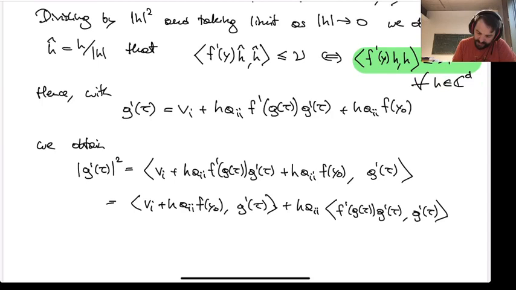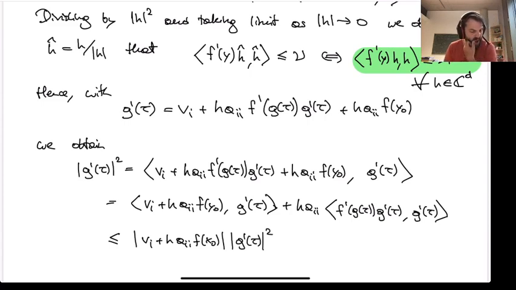So this is less than or equal to the norm of v_i plus h a_ii f of x naught, by Cauchy-Schwarz, times the norm of g prime of tau. No, squared, sorry. Cauchy-Schwarz, plus h a_ii nu norm of g prime of tau, and this one is squared.